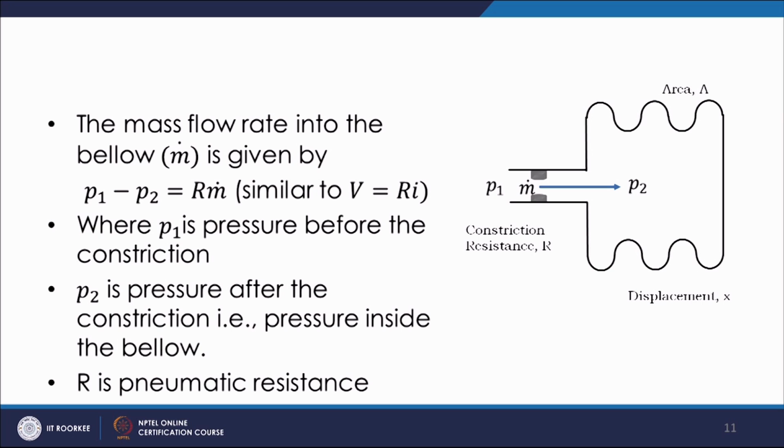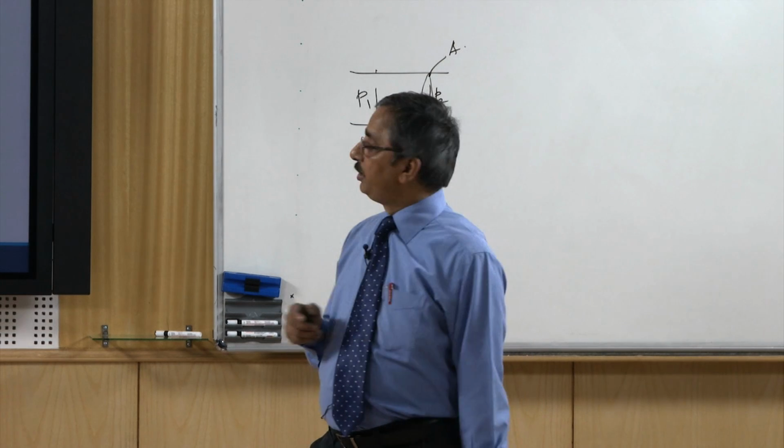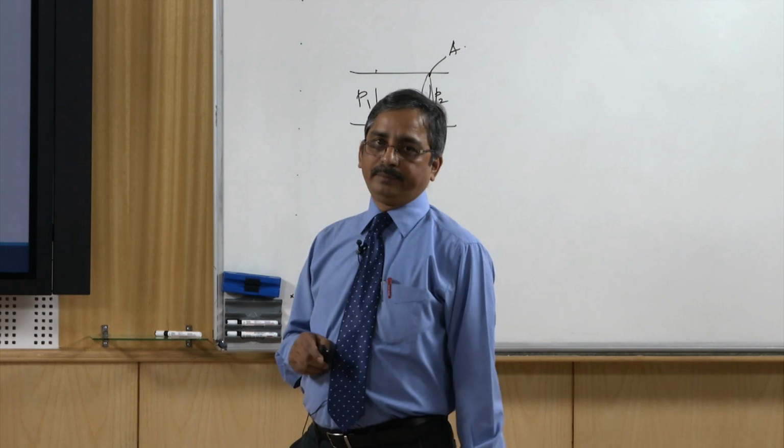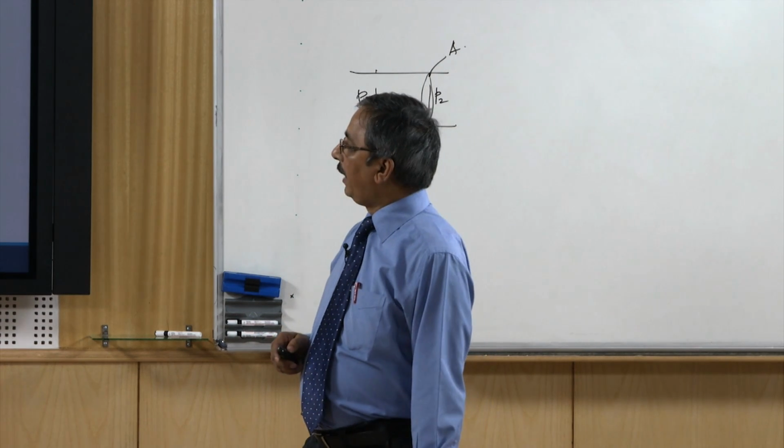Here this is the pressure P1, this is the constriction and this is the pressure P2, and the mass m dot is flowing through here. So we have this relationship where R is the pneumatic resistance due to the constriction here, fine.